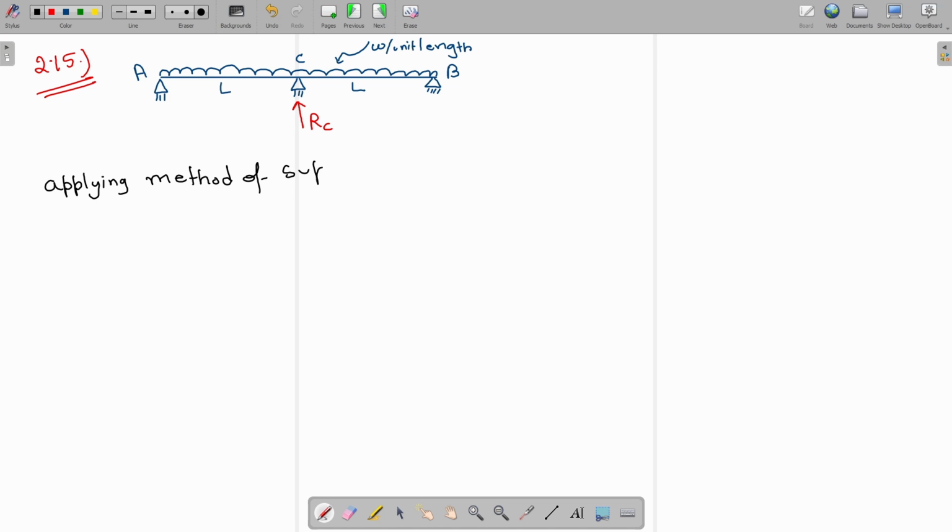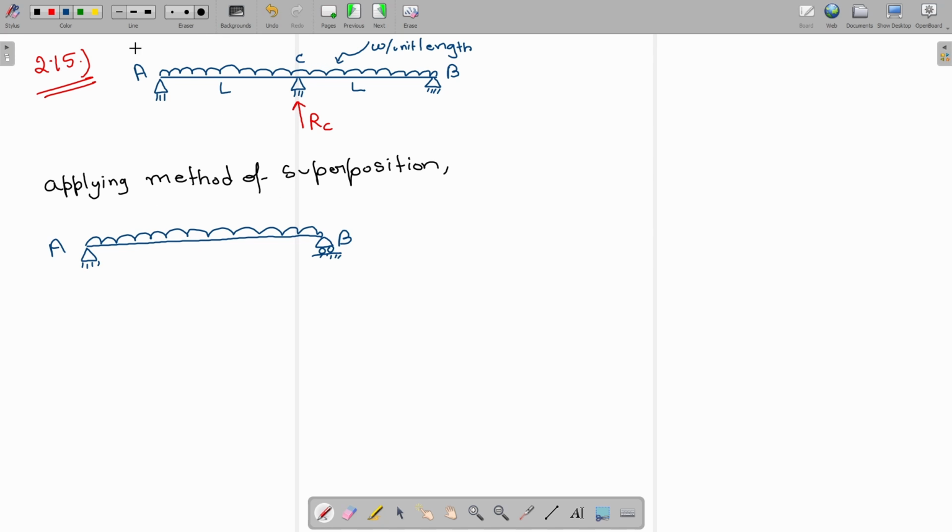At first, we will consider this beam to be a single continuous beam containing uniformly distributed load, with A and B. We are not going to consider the reaction support.